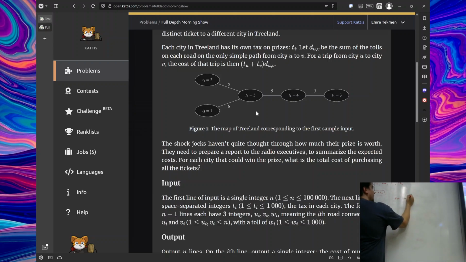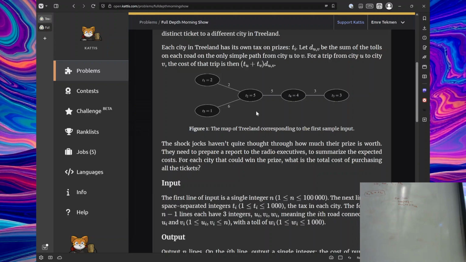For node in the graph, we're going to set its size to 1. Base case, kind of. And we're going to set the tax equal to the tax at the node.